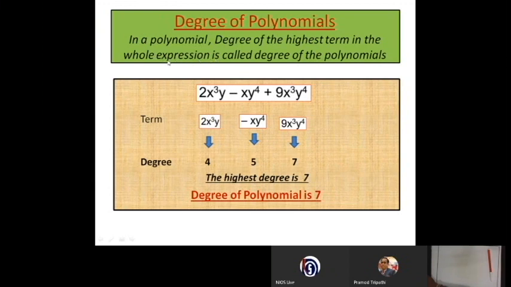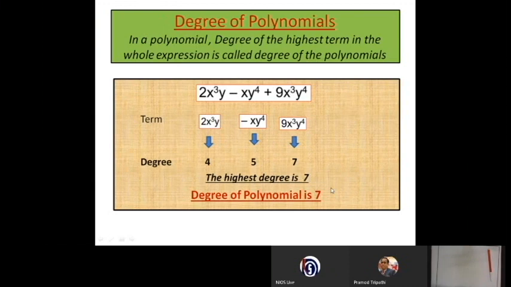In this example, we have taken 2x cube y minus x y raised to the power 4 plus 9x cube y raised to the power 4. Three terms are there: the first term has degree 4, the second term has degree 5, and the third term has degree 7. So the highest degree is 7. Hence the degree of the polynomial is 7. I think that is clear now.